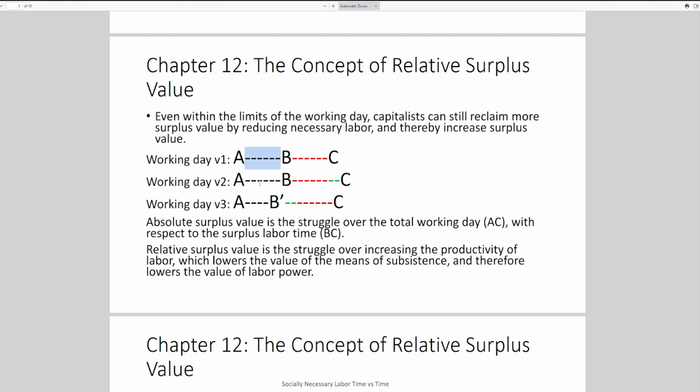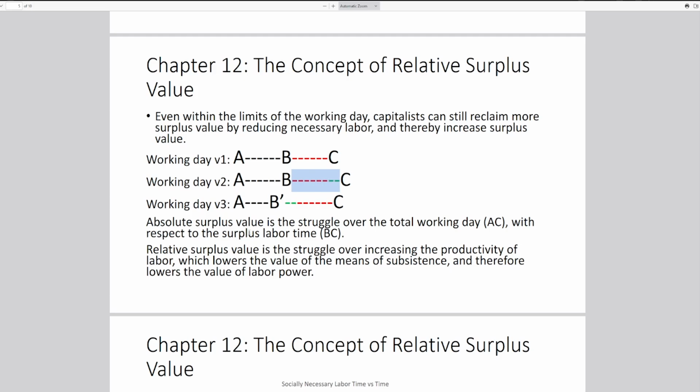The worker has to work 6 hours to pay themselves off, so to speak. So the total working day, the length of AC, is 12. Extending it to 14 would effectively lengthen BC to 8 hours of surplus labor time.